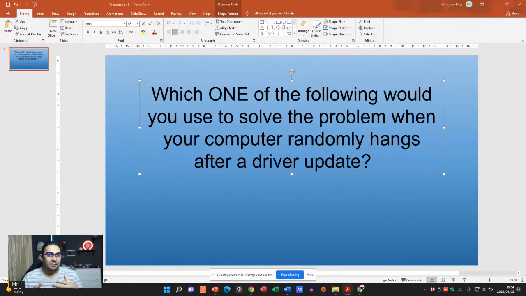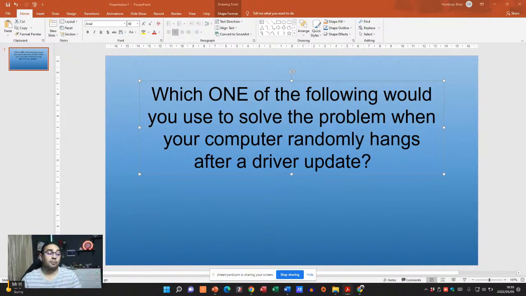Does that sound like something that's going to help to unfreeze the PC or stop it from hanging? No. A disk cleanup, that's option number 2. Now, we know what disk cleanup does. Disk cleanup is just there to clean up unnecessary files, temporary files, things like that.